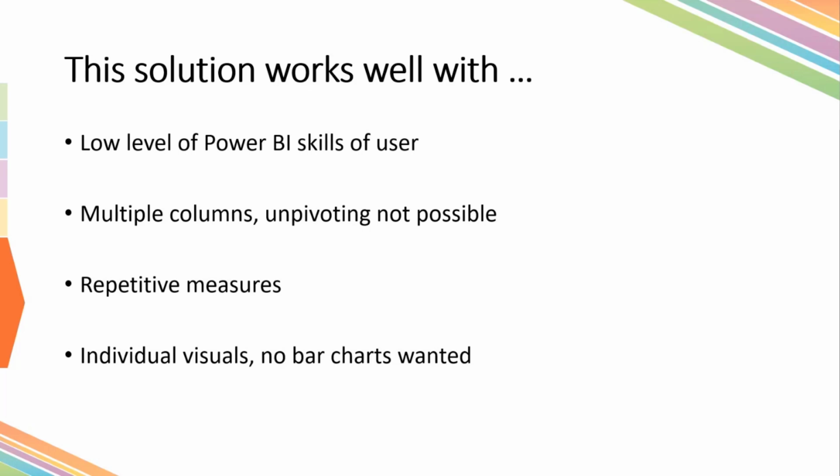Of course, now this solution is a very specific one. At least in my case, the Power BI user had very low Power BI skills. There were multiple columns that, at least from my perspective and given the time, made unpivoting not possible. So I had to work with a lot of different measures, and I couldn't group them or work with it differently. The measures were very repetitive, and in the switch function, you could implement all kinds of measures.